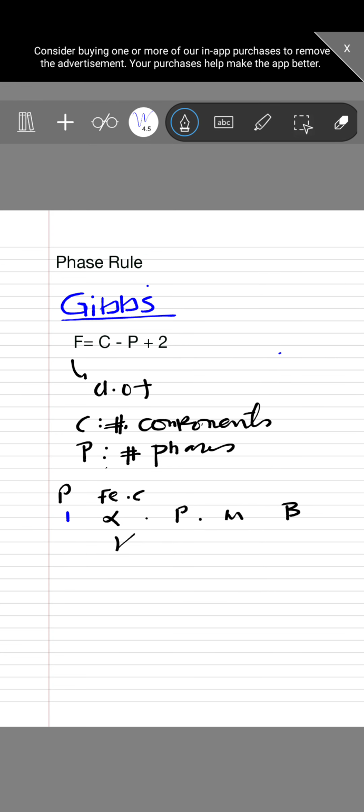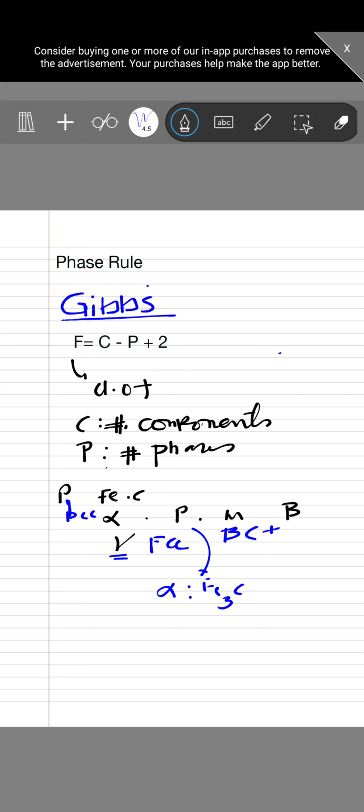Ferrite has a BCC crystal structure, austenite has an FCC structure, and martensite has a BCT structure. Pearlite is a combination of ferrite and cementite in a 1:8 ratio. So these are the different phases.